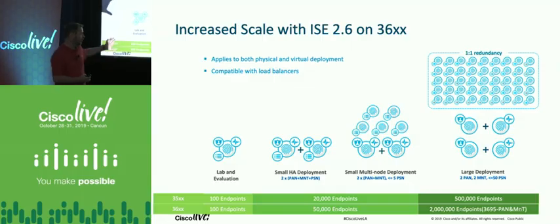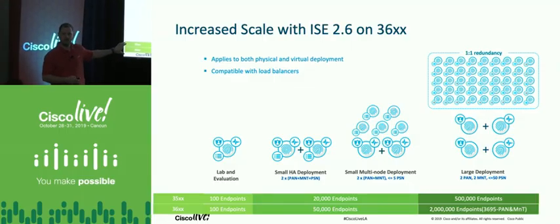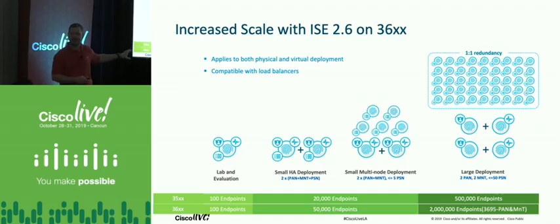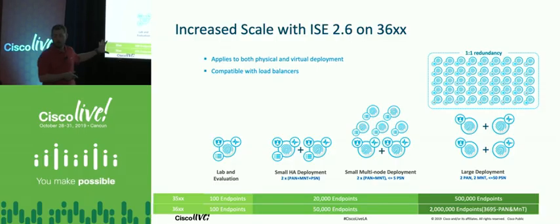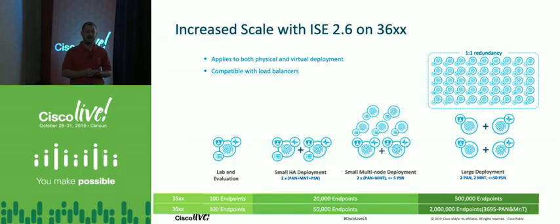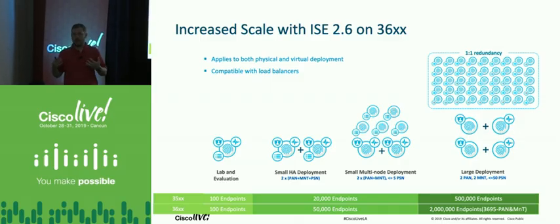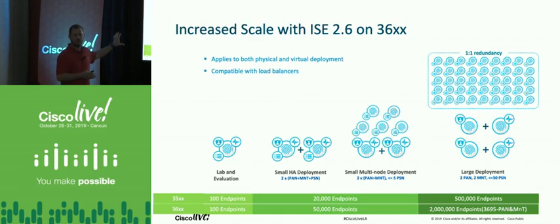So with the new 3600 appliances, we're able to scale up to 50,000 endpoints on a 2-node deployment, which is a good increase. And what we find is a lot of our ISE customers in that mid-market, 50,000 and below, this makes it much more simple to get up, running, maintain, et cetera.